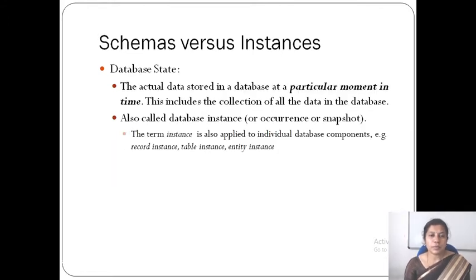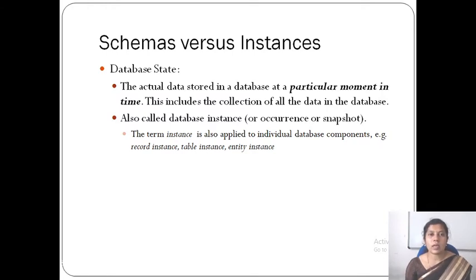Now we'll see the difference between schemas and instances. Schema just gives you the description of the database, but database state means, at any given time, how much actual data is stored in the database. It's like a snapshot.